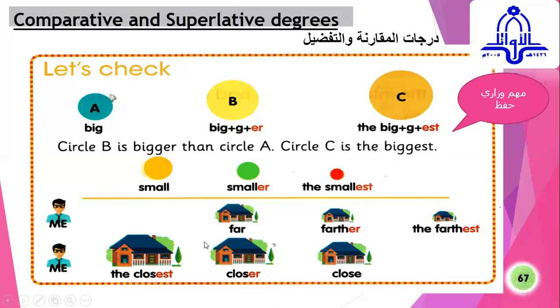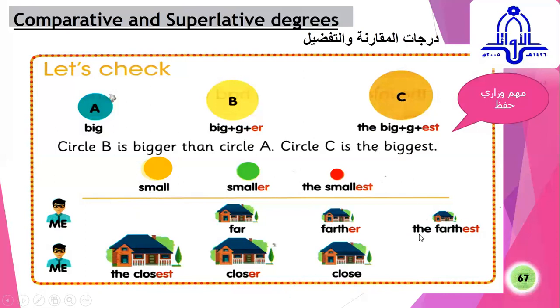We have also these two adjectives and comparative and superlative. Me, يعني أنا here. This house is far. هذا البيت بعيد far. But this one is farther. أبعد farther.